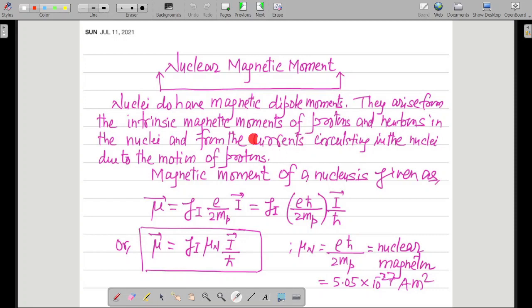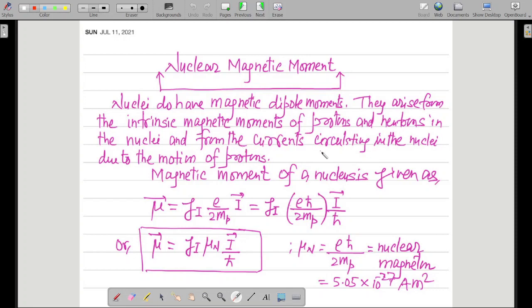So if proton moves, current will be constituted, but if neutron moves, current will not be constituted because neutron is chargeless.